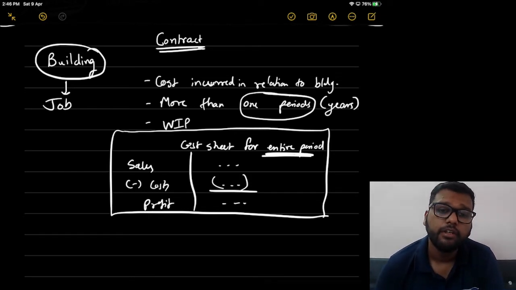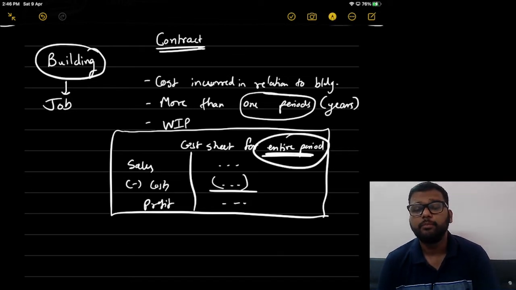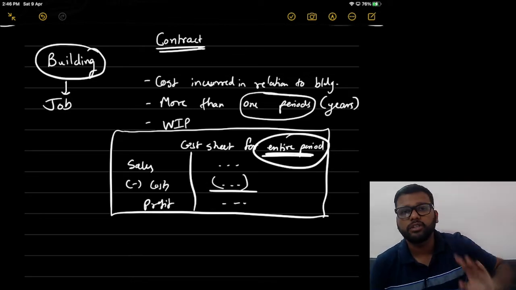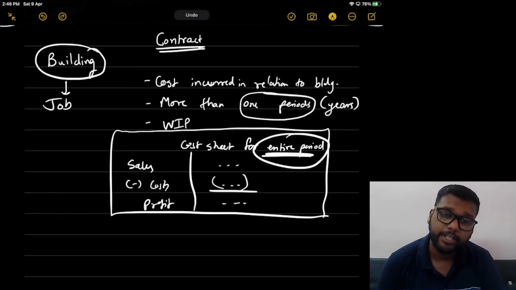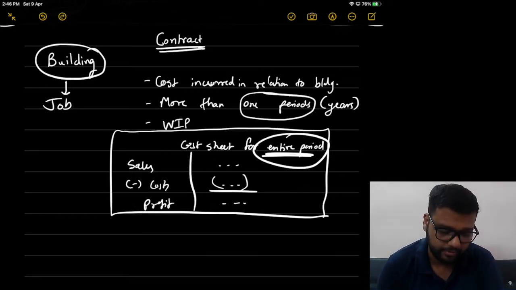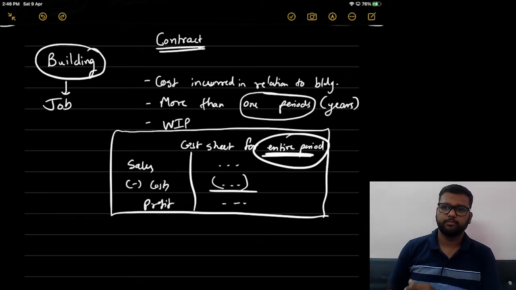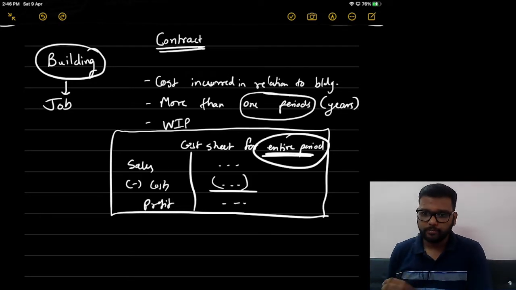I'm asking, why will we not prepare a cost sheet like this for entire 3 years? Because then we don't have to deal with WIP, we don't have to deal with anything. We'll just write sales minus cost, profit, that's it. But we are not going to do this. We are going to prepare for each year separately. Why? Anyone? Any idea?